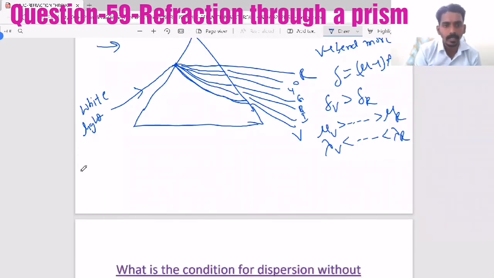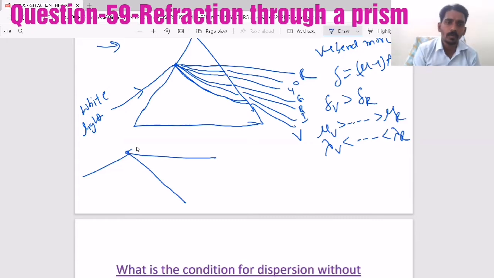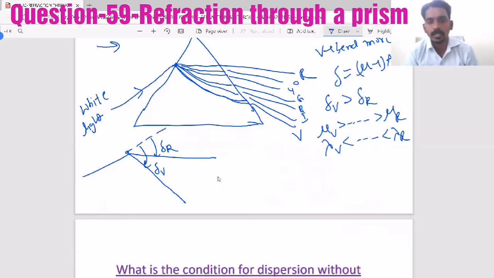When white light is coming, one light is deviating like this, another light is deviating like this. From the original path there is a deviation, this is delta violet, this is delta red. Now there is an angular dispersion.